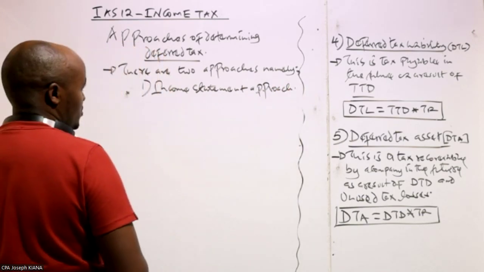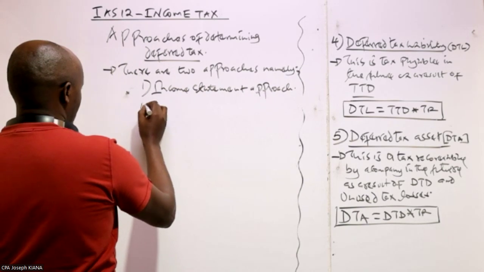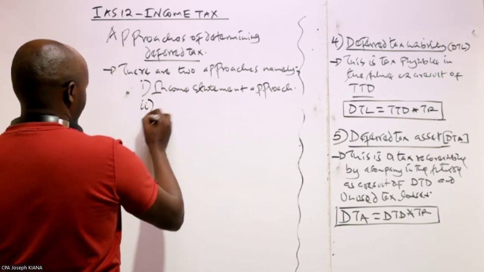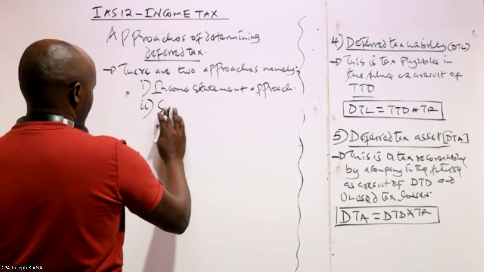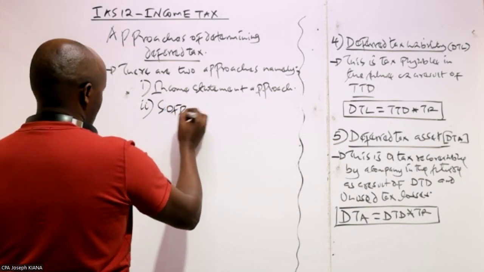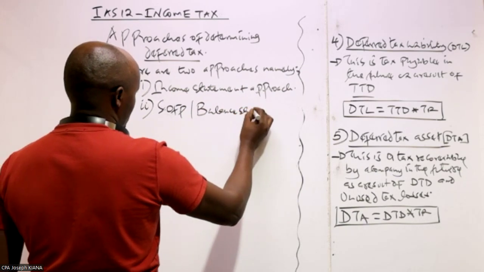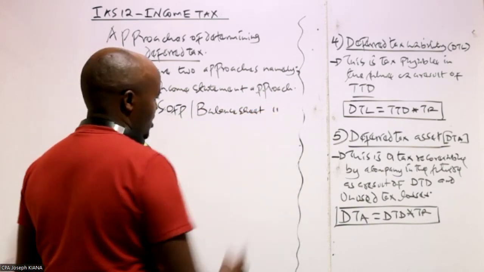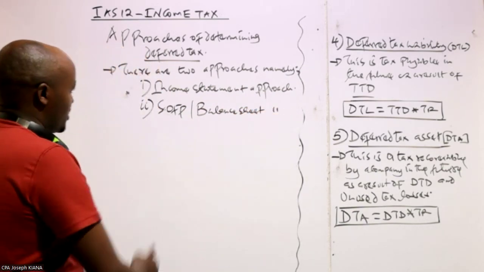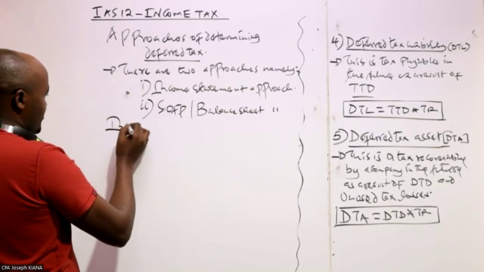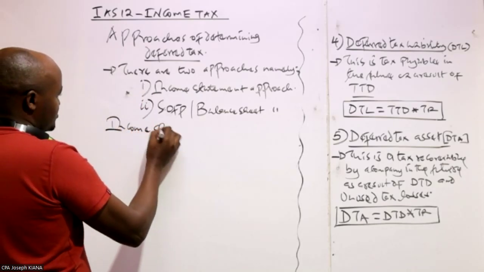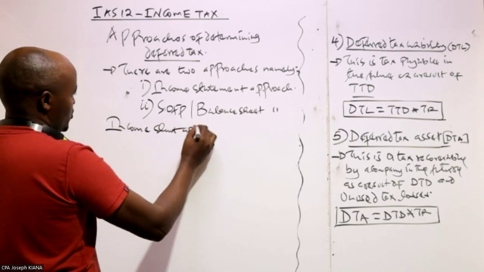And number two, the statement of financial position, stroke balance sheet approach. So let's start with the first one, the income statement approach.